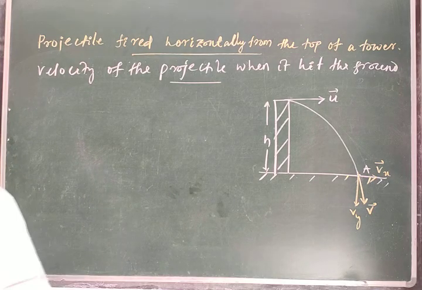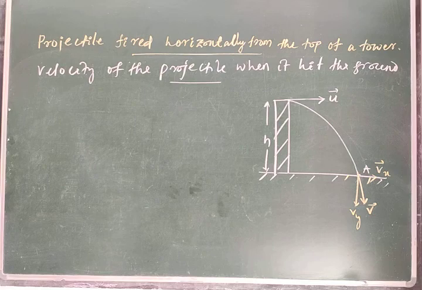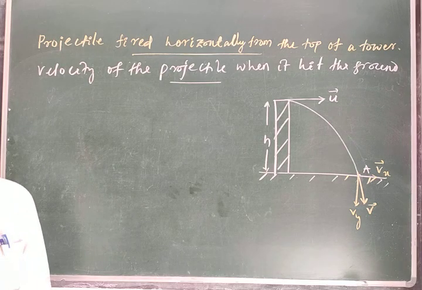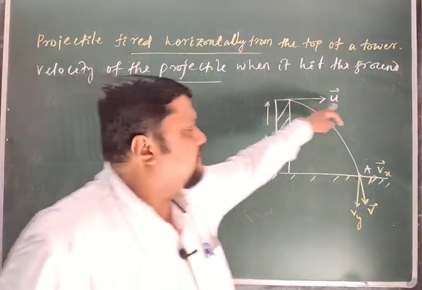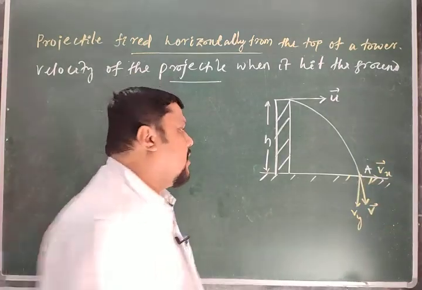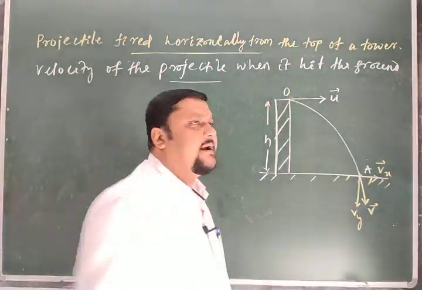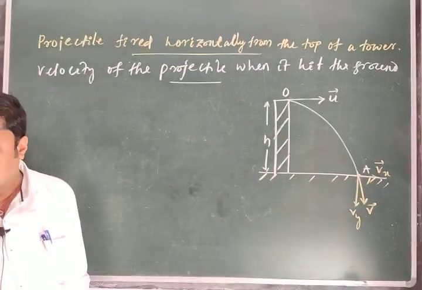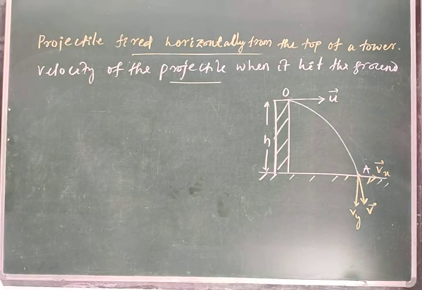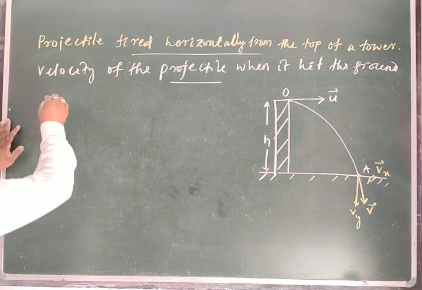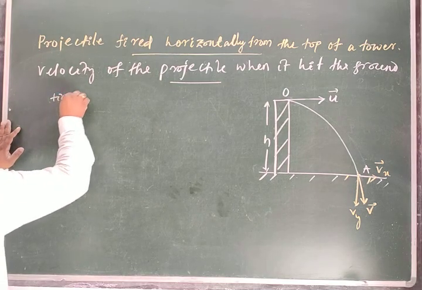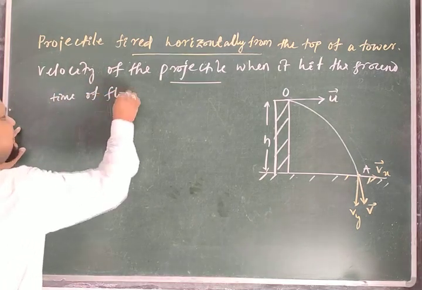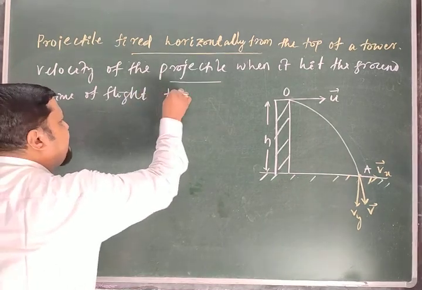So when the projectile is thrown horizontally from the top, at the point O, and the height of the tower is h, it takes the time of flight t.